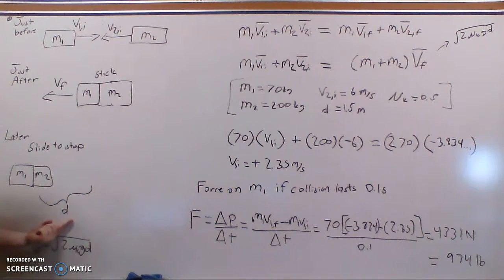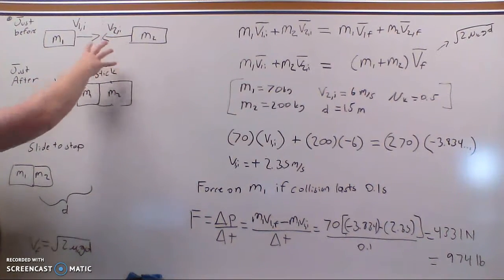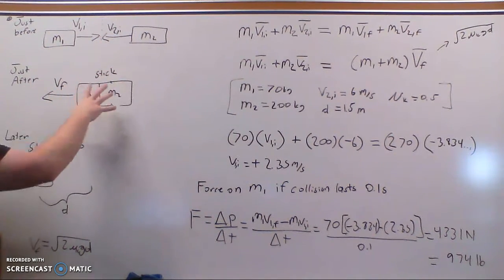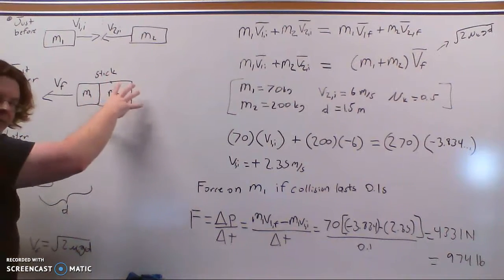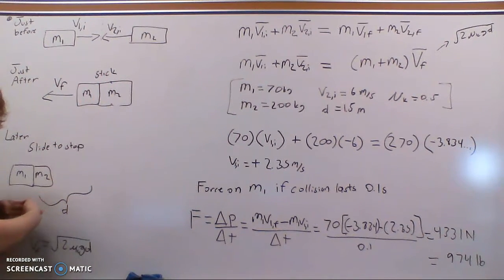To add a little bit of flair to the problem, we also note that a long time after the collision, this only cares about just before they hit and just the moment after they hit. We're going to assume that after they collide and are sliding away, they slide along the ground, and relative to the point where they collided, they slide a certain physical distance and then come to a stop.